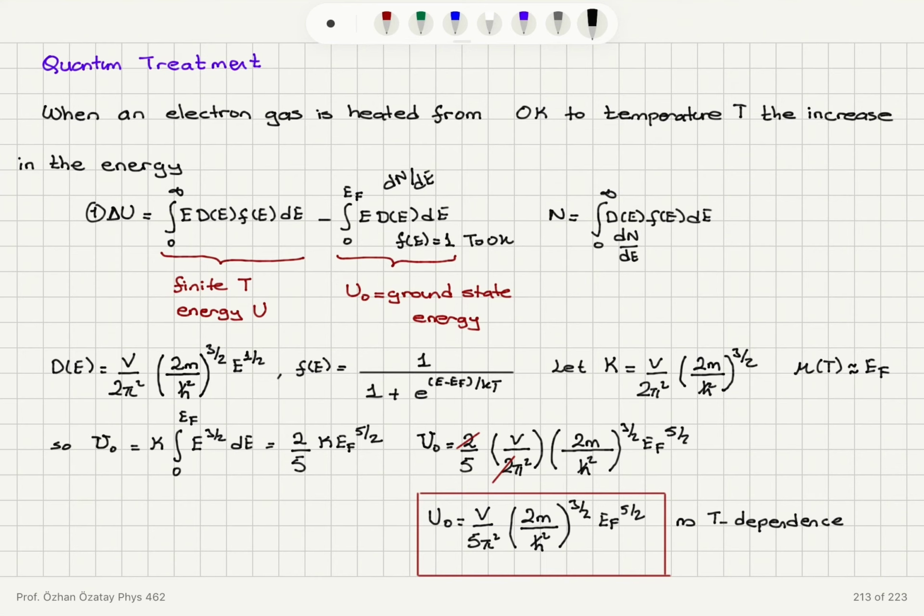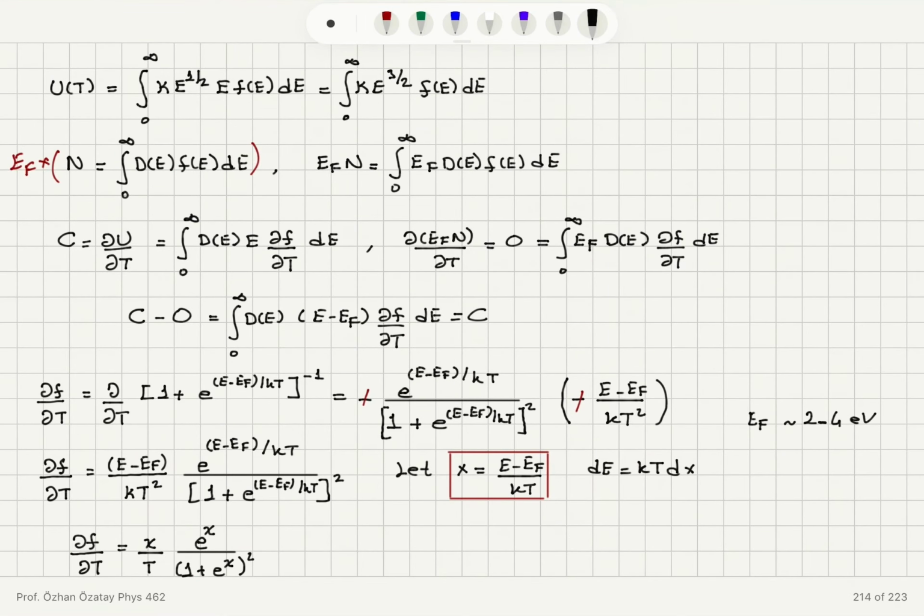If you subtract from this the ground state energy, we obtain delta U, but the ground state energy does not depend on temperature as we have shown here. So the derivative will be only for the finite temperature energy contribution. And the total number of electrons is given by the integral from 0 to infinity, density of states, probability of occupancy, Fermi-Dirac distribution, times dE.